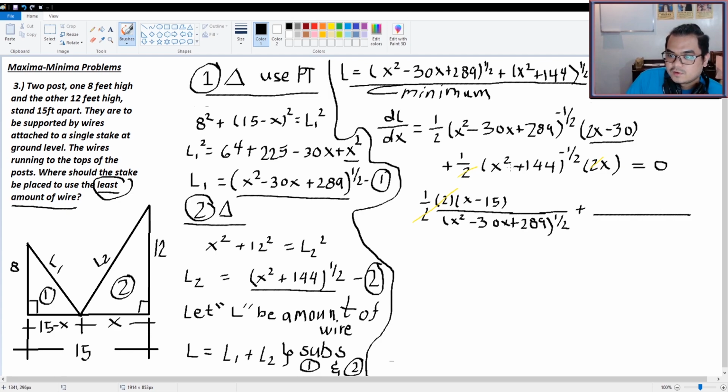Plus, since I want to bring this down, that's x squared plus 144, which will become positive, raised to 1 half. The 2 is already cancelled, so we'll just have x. This must be all equal to 0.